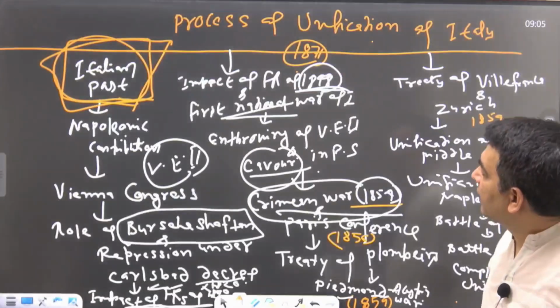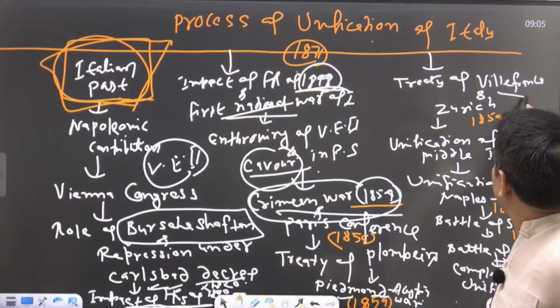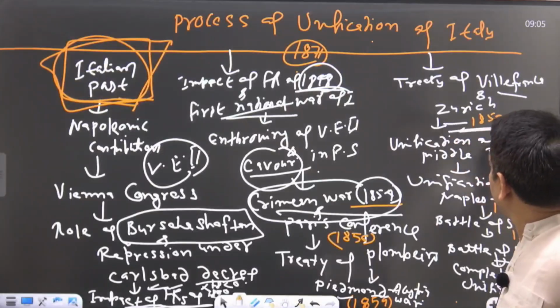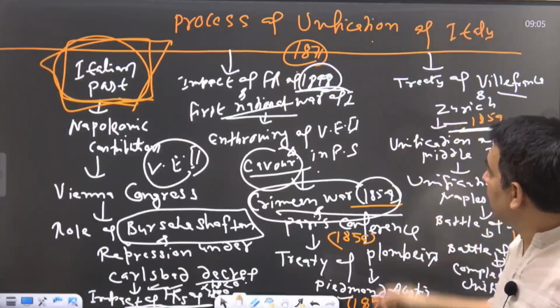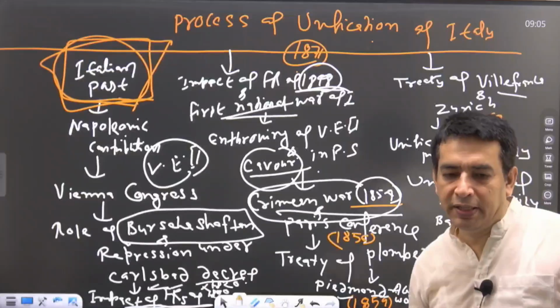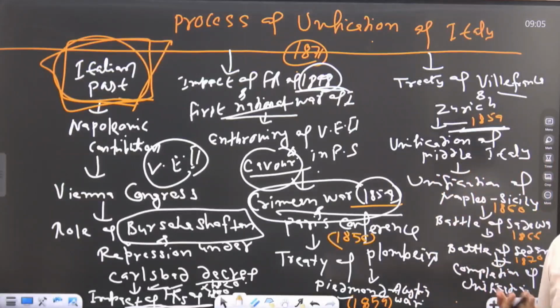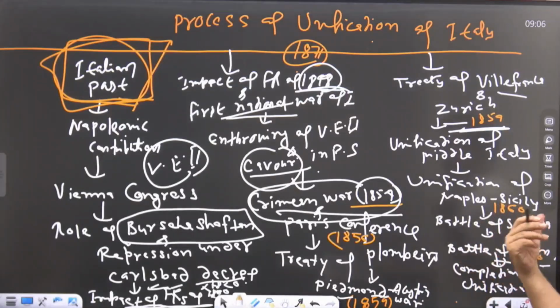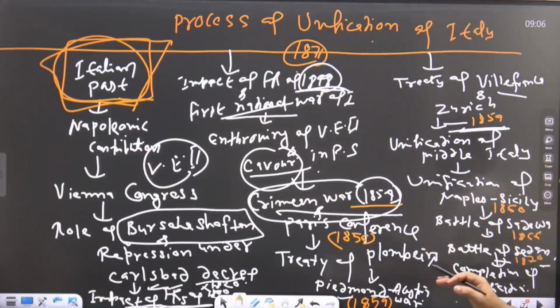So with the Treaties of Villafranca and Zurich in 1859, Lombardy was obtained by Piedmont Sardinia. These victories and the liberal attitude of Piedmont Sardinia strengthened the sense of nationalism and the belief that we can become a nation.